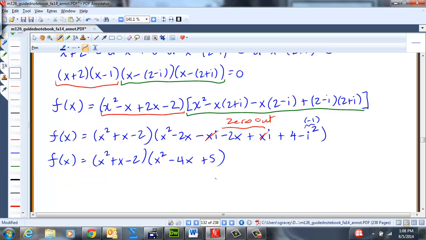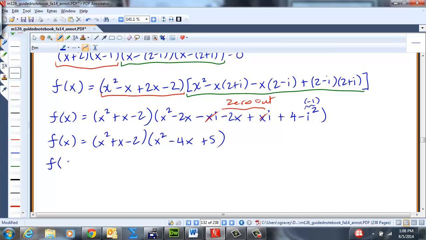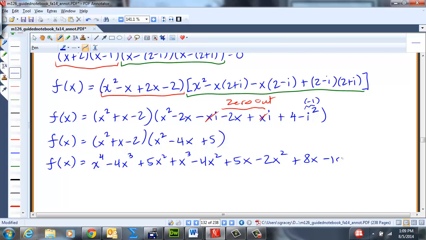And then just multiplying these two together, we will have f of x is x to the 4th minus 4x cubed plus 5x squared plus x cubed minus 4x squared plus 5x minus 2x squared plus 8x minus 10.